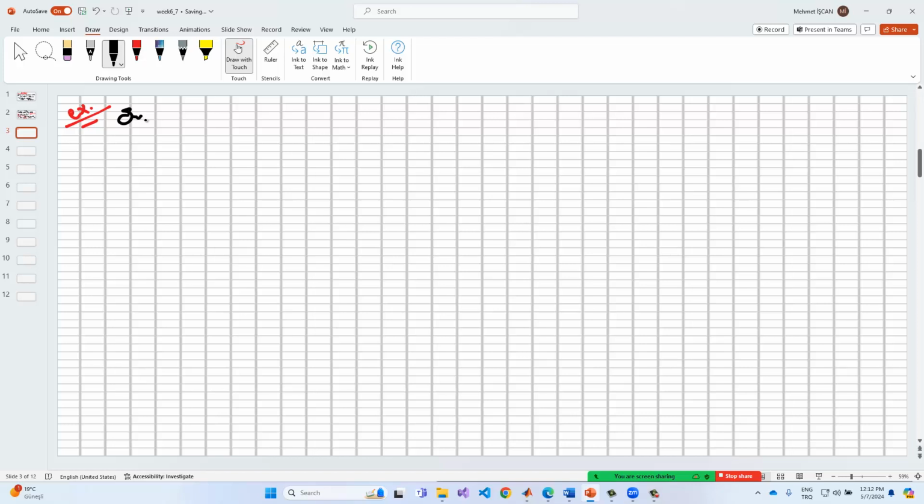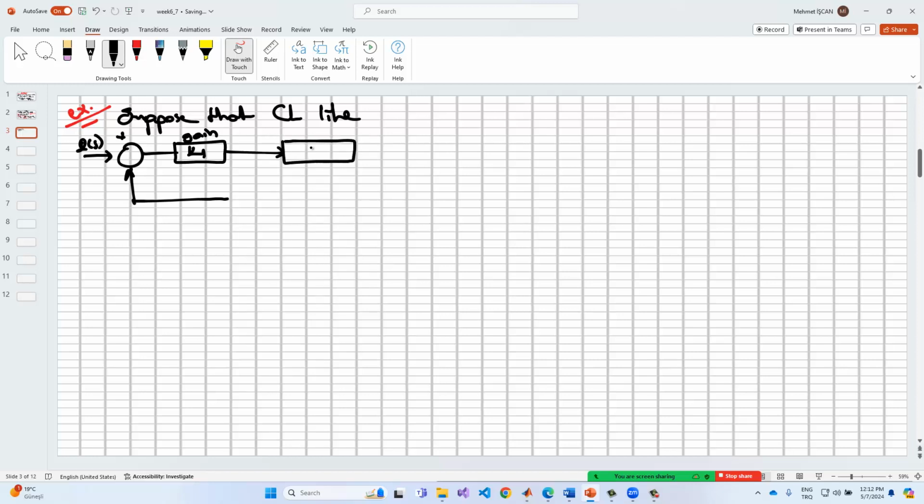Suppose that you have the system, C(s) over R(s) in here just like this one, and so we have feedback in here, and so we have also a K1 gain, and also we have the transfer function in here, K2 divided by s plus 10. Okay, and also we can get the C(s) in here. Okay, this is the unity feedback.